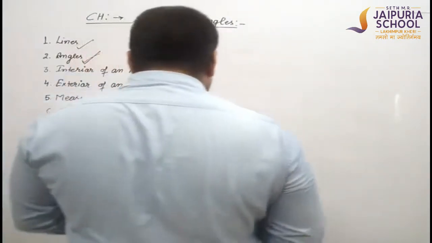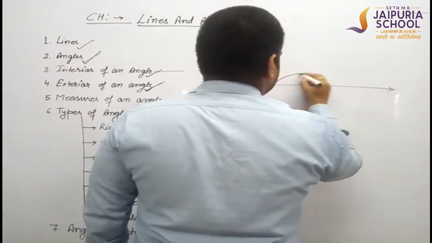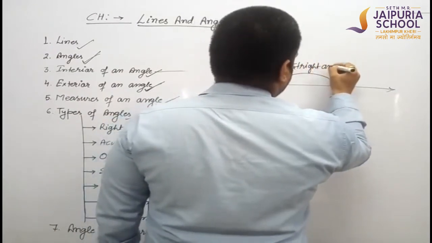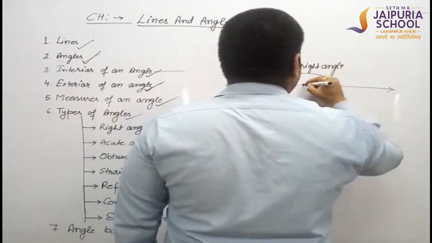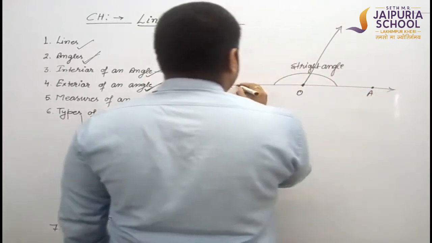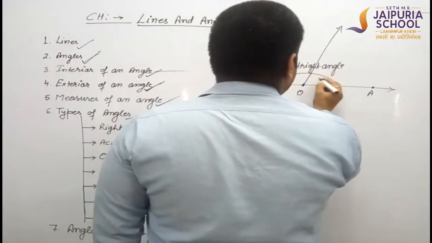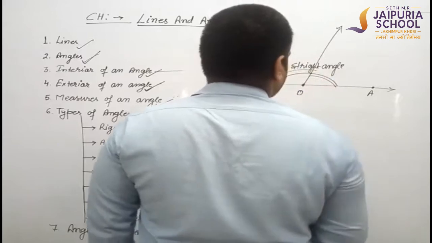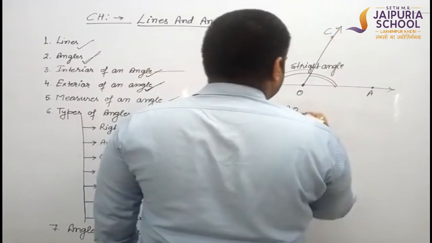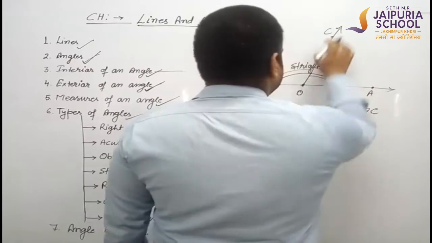What is supplementary angle? Here this is a straight angle. When you take another ray, OC, you have two angles, AOC and angle BOC.